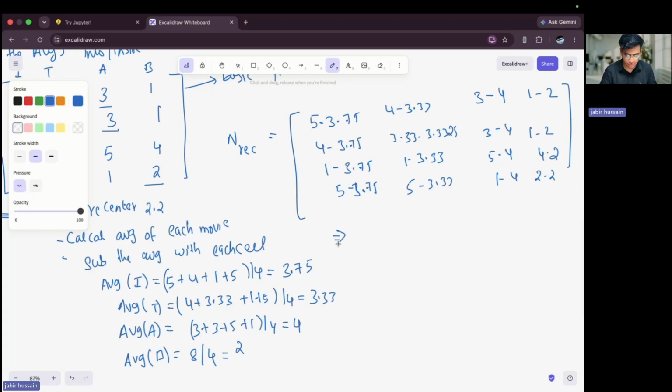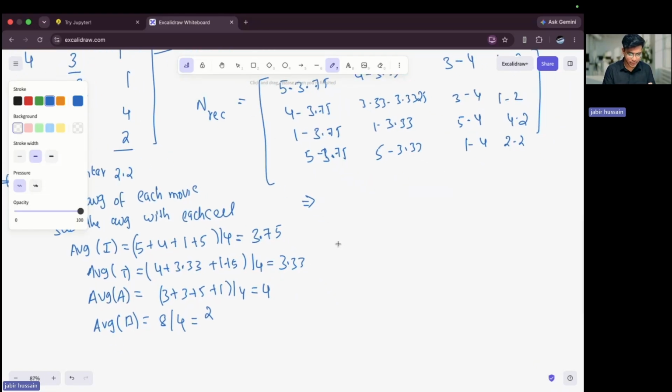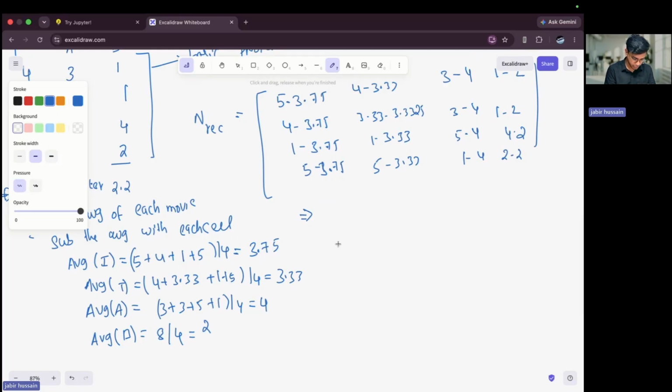Now let me quickly find the values as well, because it's going to be a bit of calculation, but it's all right. 5 minus 3.75 is 1.25, 4 minus 3.75 is 0.25, 1 minus 3.75 is minus 2.75, 5 minus 3.75 is 1.25. Then 4 minus 3.33 is 0.67, and 3.33 minus 3.33 is near 0, so it's good to keep 0 here. 1 minus 3.33 is minus 2.33, and 5 minus 3.33 is 1.67.